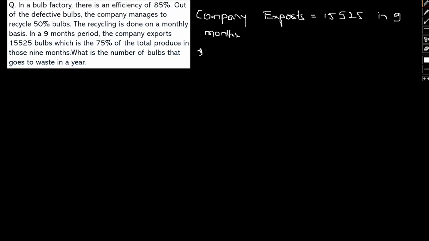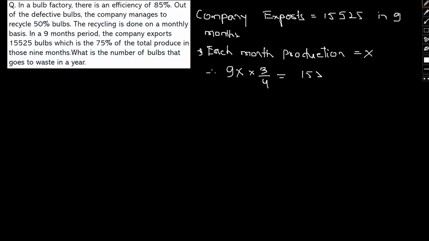Say I'm assuming each month's production is equal to x. Therefore the 9-month production will be 9x. So 75%, that is 3/4 of 9x, will simply be 15525.